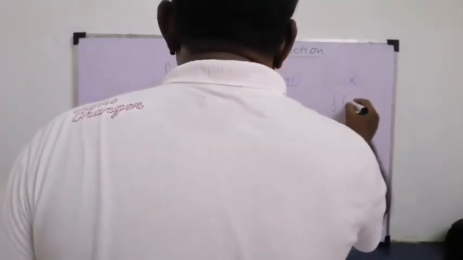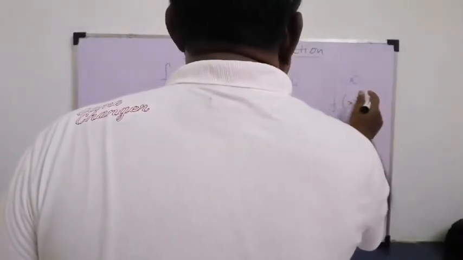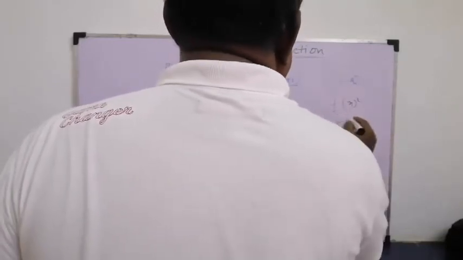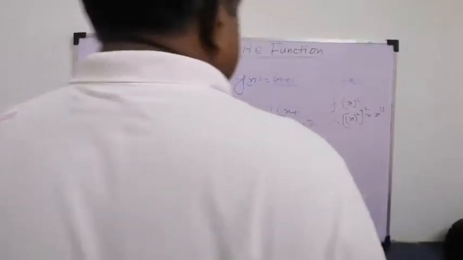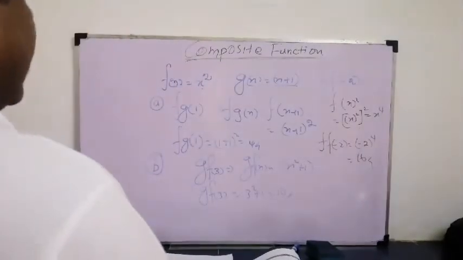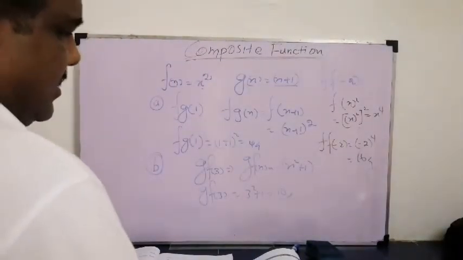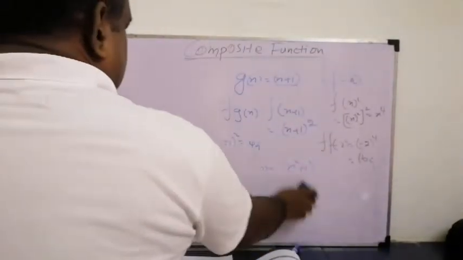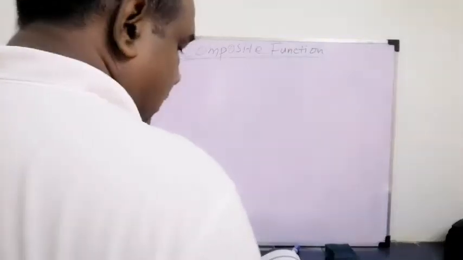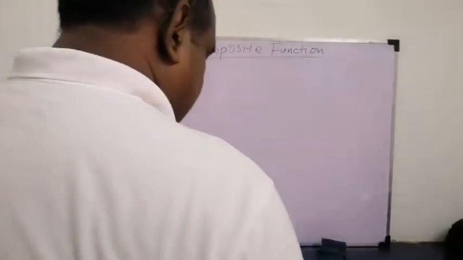So f into f of minus 2 is going to be minus 2 to the power 4, which is 16. Straight away you can write. So it's a very simple question. I know there is no point in doing this for you all. So we can go to another example.